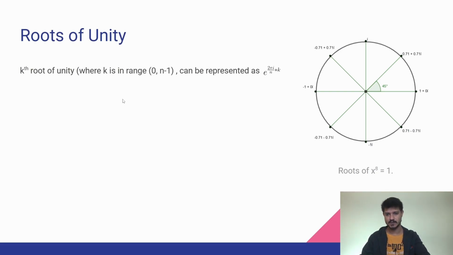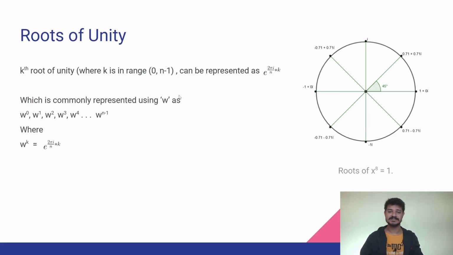First of all, I just want to give you a representation of the ith root of unity, or kth root of unity. So the kth root of unity, where k ranges from 0 to n minus 1, of course, because there are n roots, can be represented using Euler's formula as e raised to 2 pi by n times k, and i will be there because this is an imaginary number. So 2 pi by n times k, right?